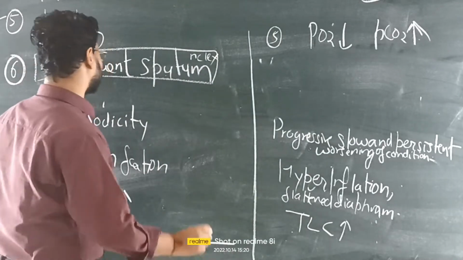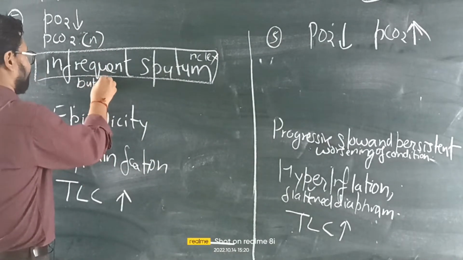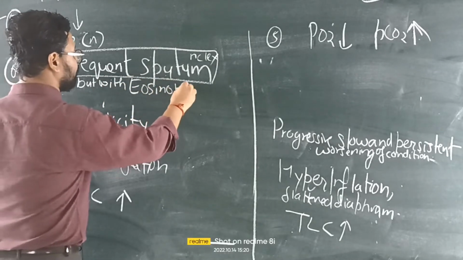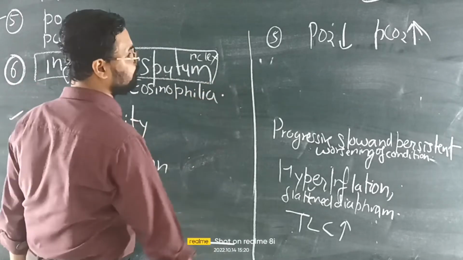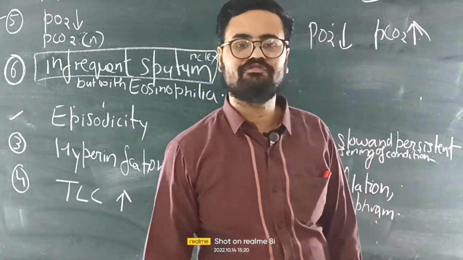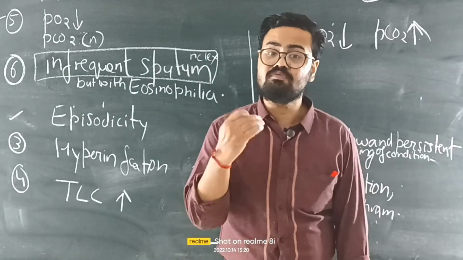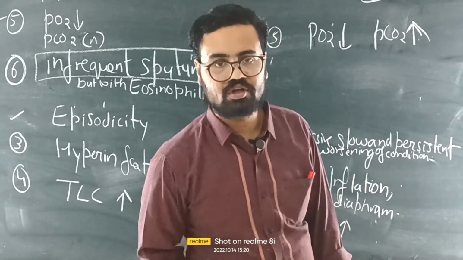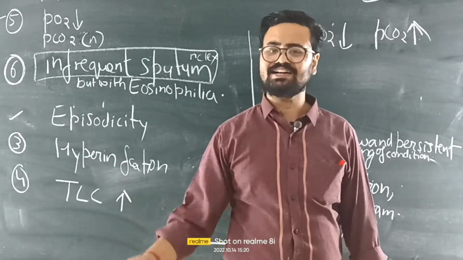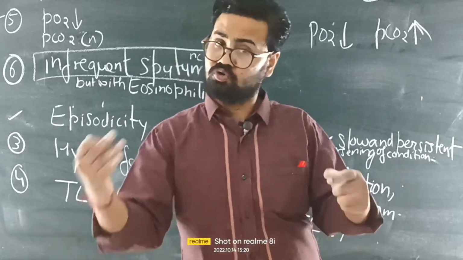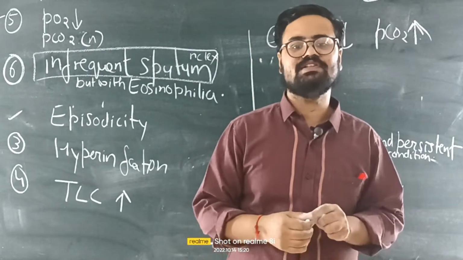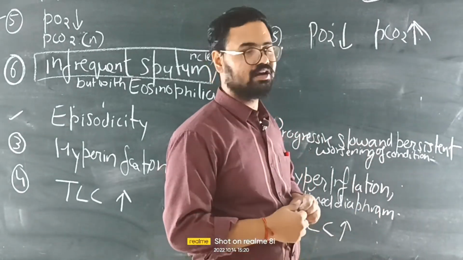Infrequent sputum, but with eosinophilia. Eosinophilia means increase in the production of eosinophils. And why eosinophils? Due to the stimulation of interleukin 5. That interleukin 5 is stimulating the bone marrow to produce eosinophils, and with the help of dendritic cells, the chemoattractants are attracting the eosinophils from the bone marrow towards the lungs, and in the mucus in the sputum we will see eosinophilic findings in an asthmatic condition.